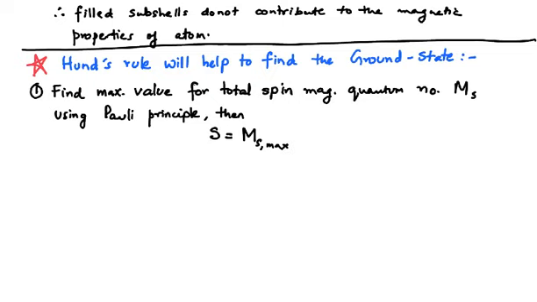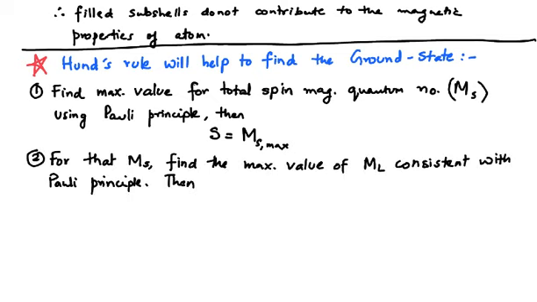The very first point is, first find the maximum value of the total spin magnetic quantum number ms using the Pauli principle, and that maximum value of ms will be your S. Then for that ms value, find the maximum value of ml consistent with the Pauli principle. In that case, L is equal to the maximum value of ml. Okay, so we saw the rule.